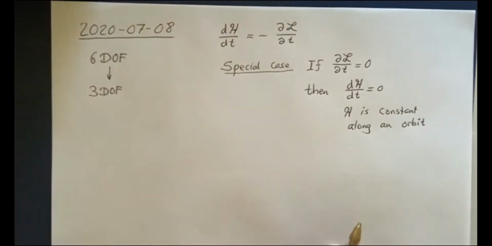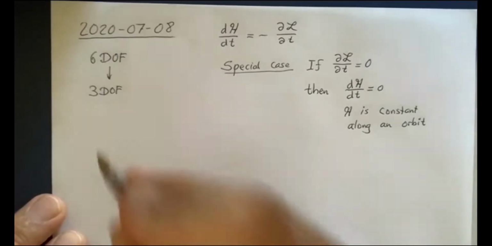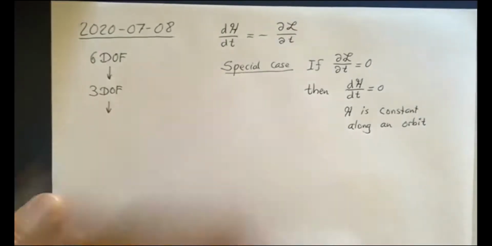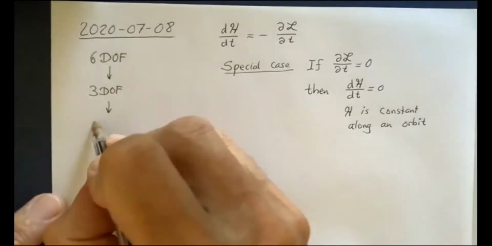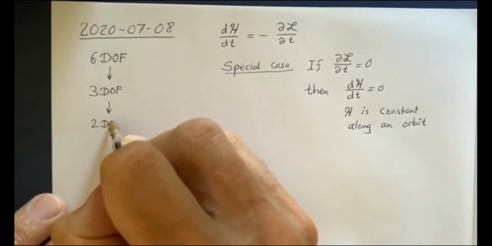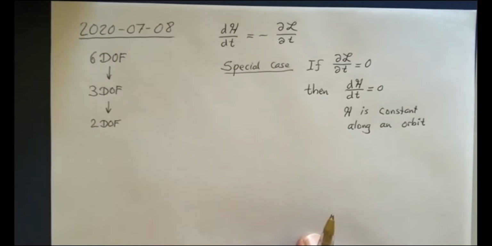We made use of the translational symmetry to arrive at an equivalent problem here, a 3 degree of freedom problem. Then we identified the constancy of the angular momentum vector, and this enabled us to study the motion in a 2-dimensional space perpendicular to the angular momentum vector. And having done this, we reduced the difficulty to a 2 degree of freedom problem.